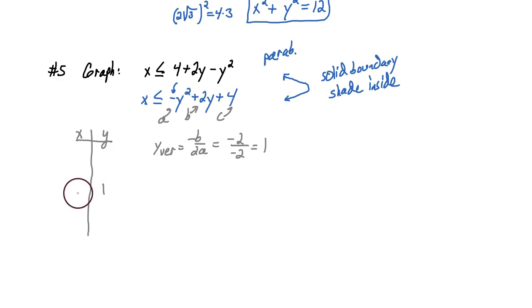Substitute that in to figure out x. So 4 plus 2 is 6. 6 minus 1 makes 5. Smaller than 1, which would be 0, and then negative 1, and go higher than 1, which would be 2, and then 3. Let's substitute in 0. The result is 4, and this will be 4. Now let's substitute in negative 1. So 4 minus 2 makes 2, minus 1 makes 1.